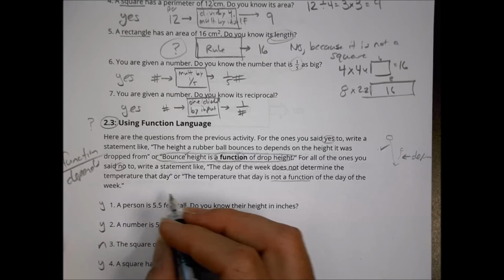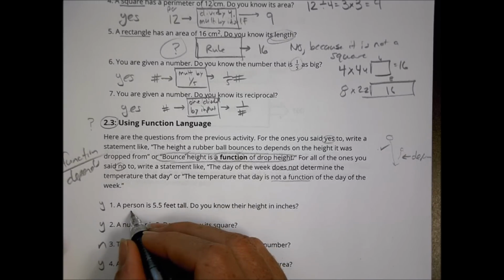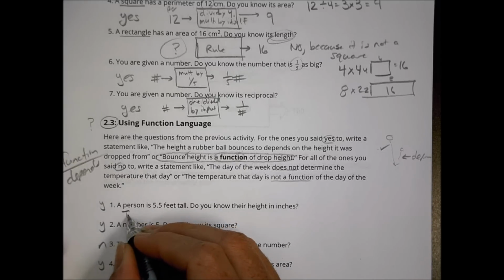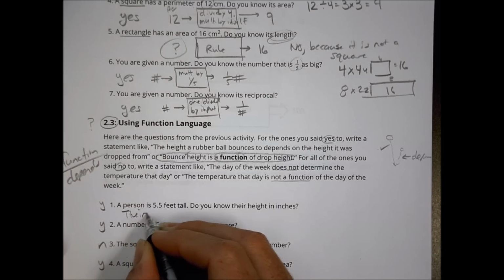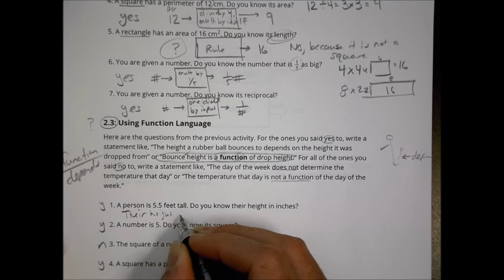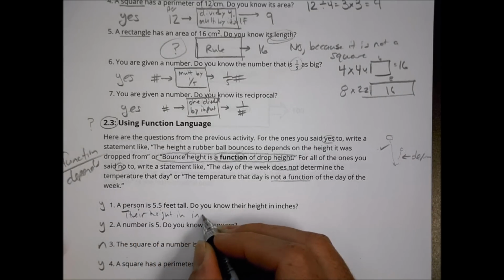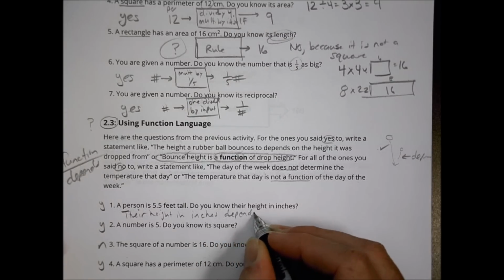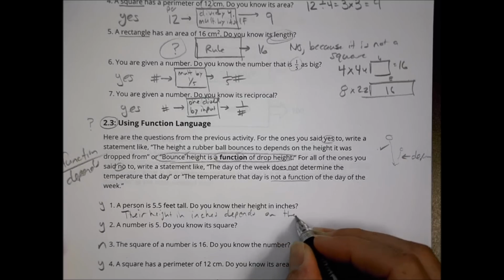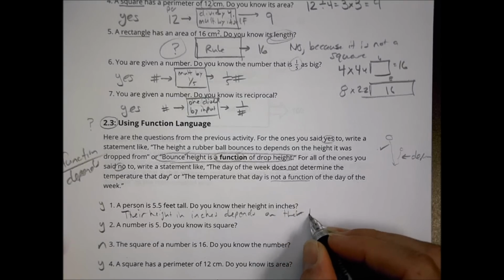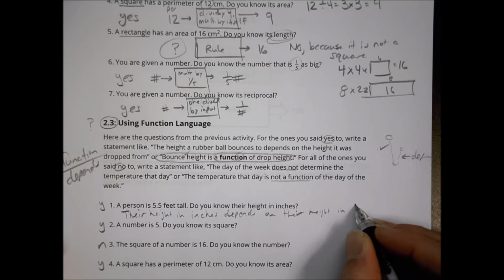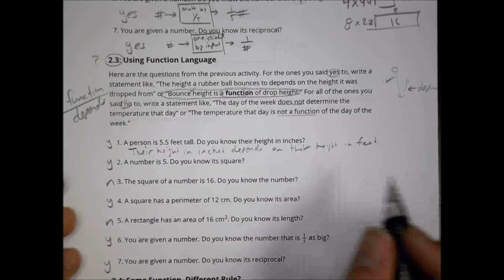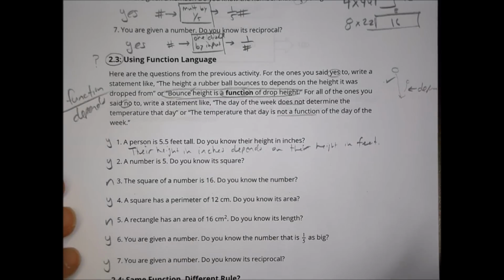What we would say is something along the lines of, their height in inches depends on their height in feet. All right, that's kind of the idea. So whatever their height is in inches depends on their height in feet.